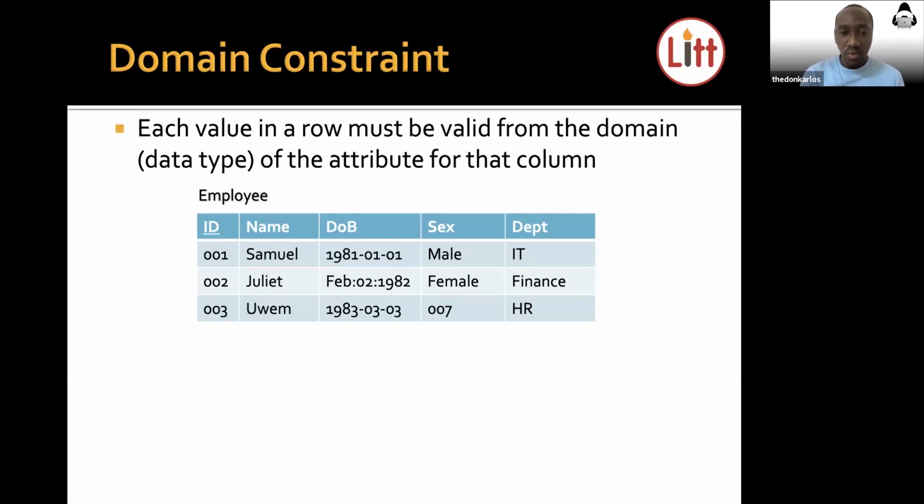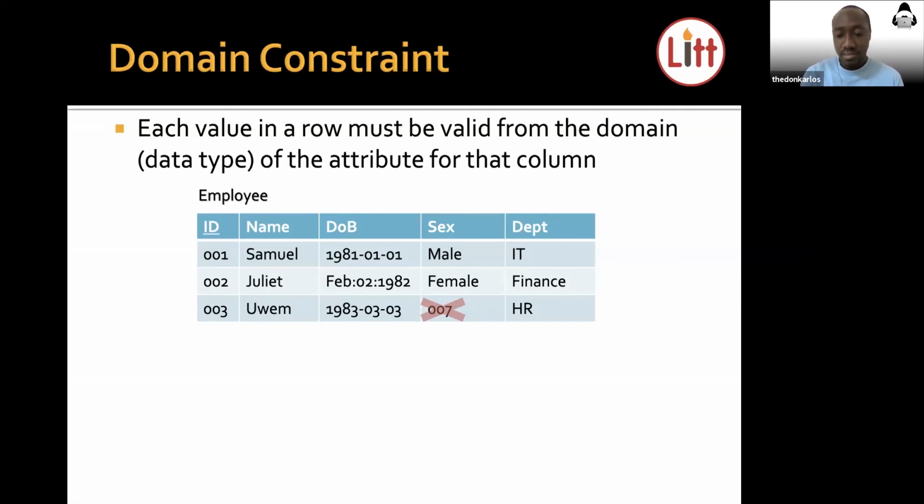The first one we would identify is for employee number 3, whose sex is showing 007, whereas the others are showing male and female. This shows that this value here is not consistent with the data type, or it doesn't fall within the applicable domain. This is something that you need to put in place so that the database doesn't accept this kind of data.